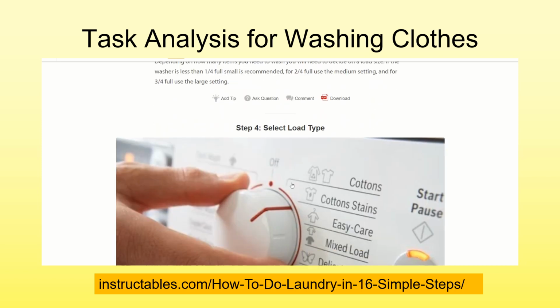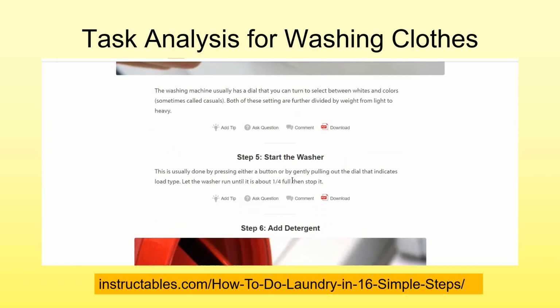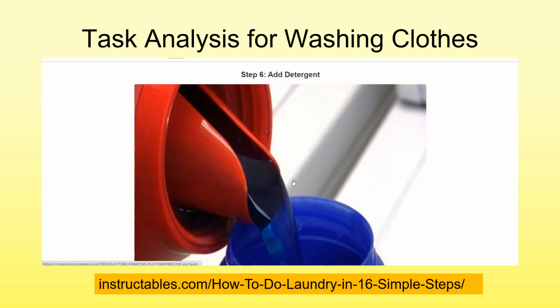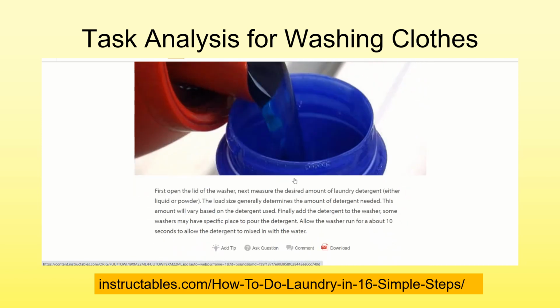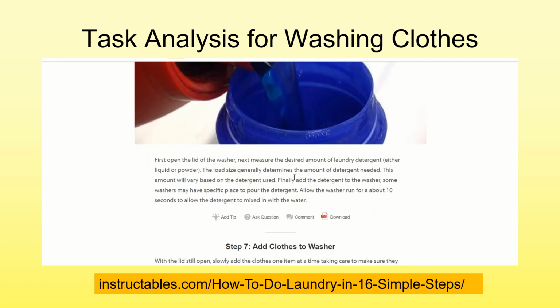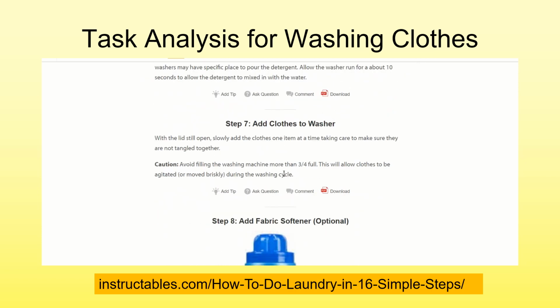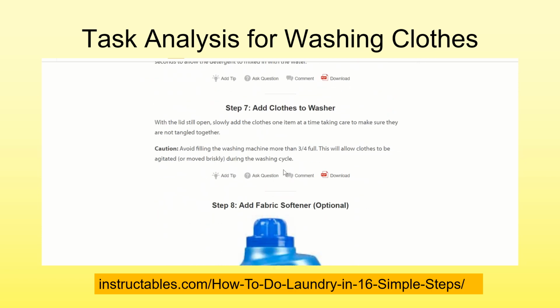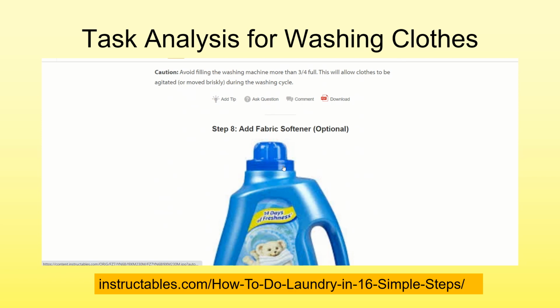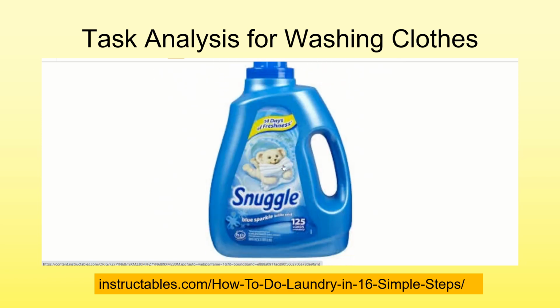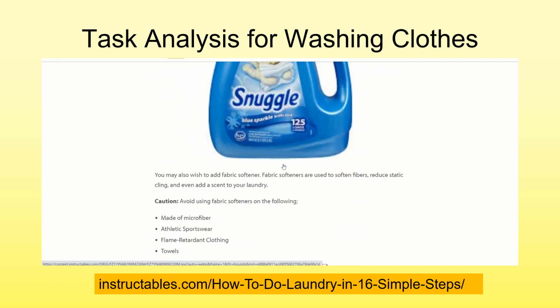Select the load size, the type, start the washer, add the detergent. Again, that's a major step. Add a robust, a big step. Well, how do you determine how much should you put in? There's a lot involved in that. Then add the clothes to the washer, and that's probably our easiest step. And then add fabric softener, that's optional.